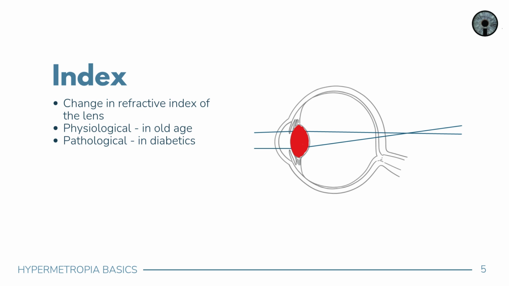This can be physiological, as in old age, where the lens becomes stiffer and loses its power to accommodate or change shape, leading to loss of converging power. Or sometimes it can be pathological, like diabetes, where because of accumulation of byproducts of diabetes, the patient loses the ability to converge the parallel rays. This is known as index hypermetropia.